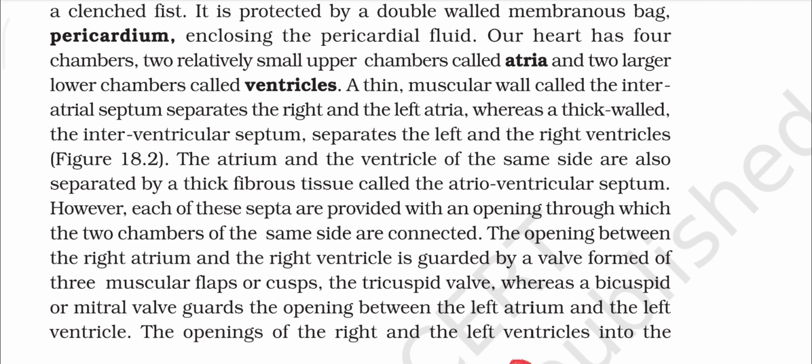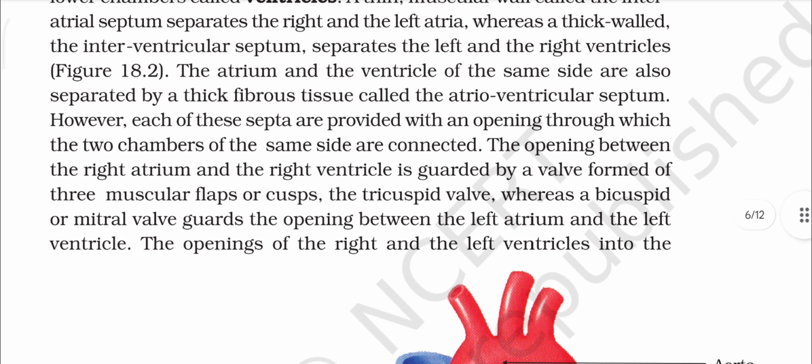However, each of these septa is provided with an opening through which the two chambers of the same side are connected.